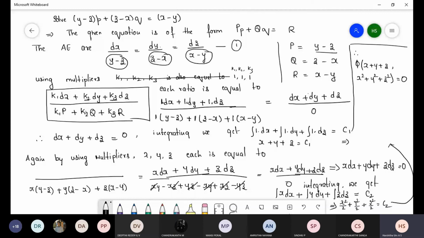So the LCM for all, x square plus y square plus z square, is 2. So we can write x square plus y square plus z square is equal to 2 into C2. So the general solution of the partial differential equation is phi of x plus y plus z, comma, x square plus y square plus z square is equal to 0.